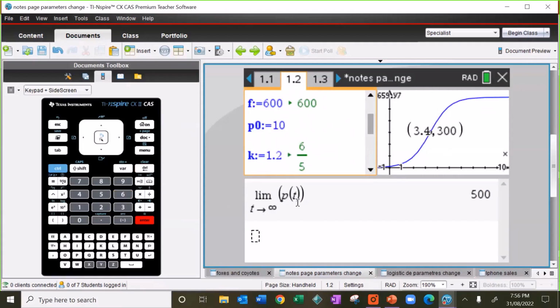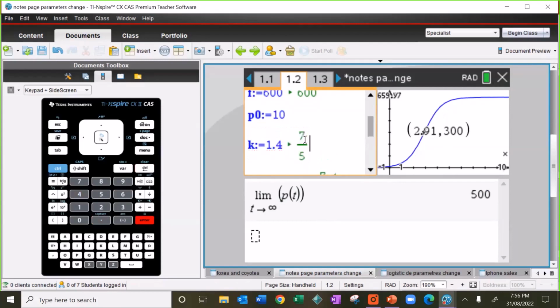And well, something didn't quite happen here because that wasn't the notes page, but there are some ideas when we can look it up, and then we can change to 1.4 and so on, and we can see how our parameters change.